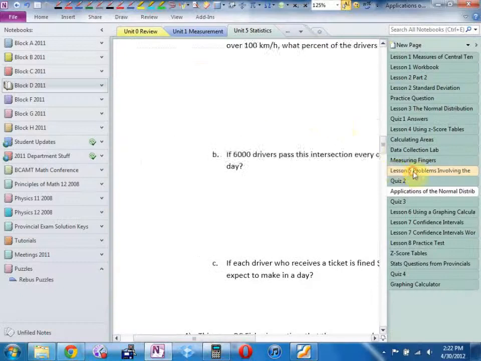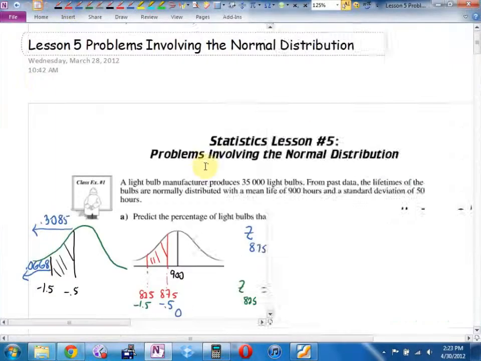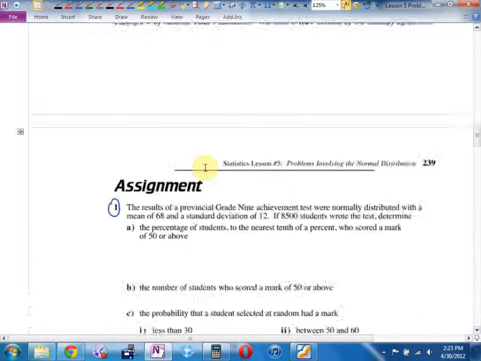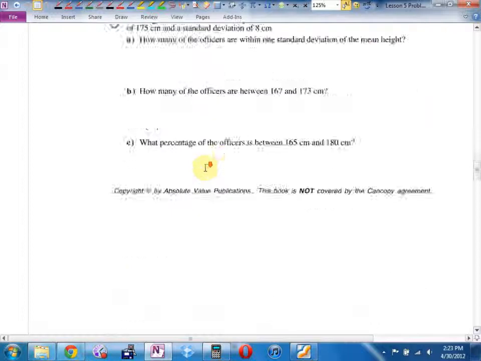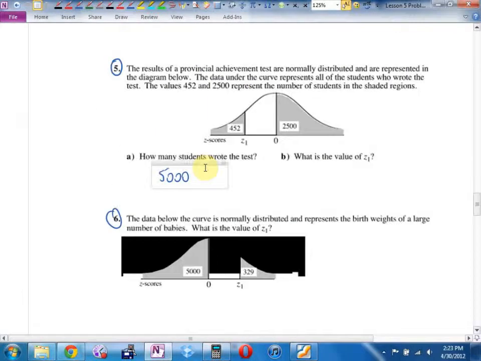But also, can you open your books, please, to page 239? I already assigned numbers 1, 2, and 3, and 4, and 5, and 6.